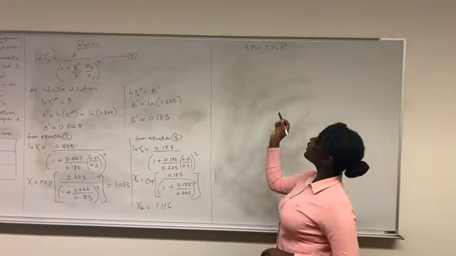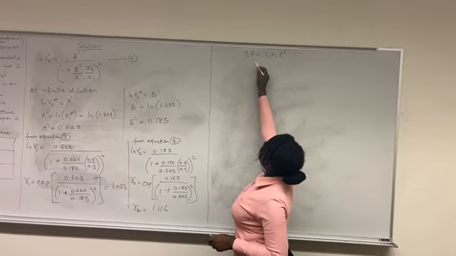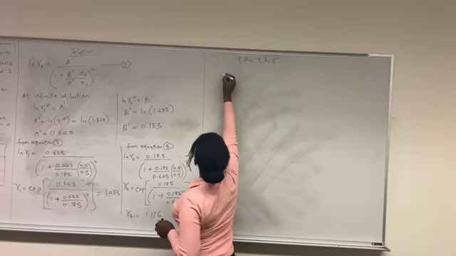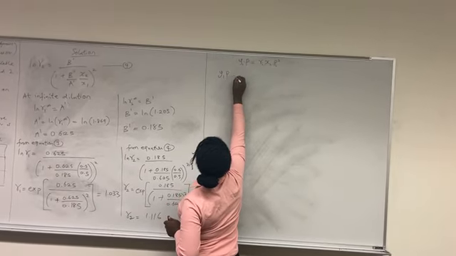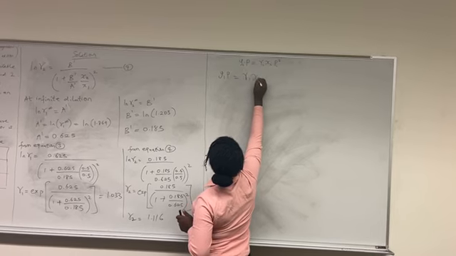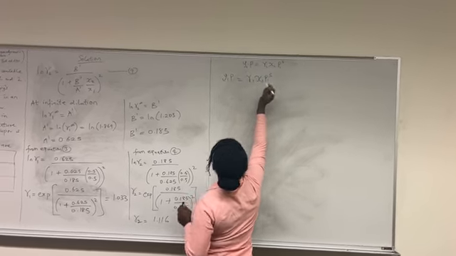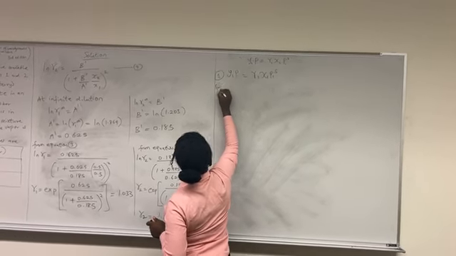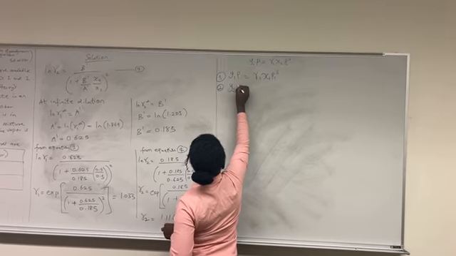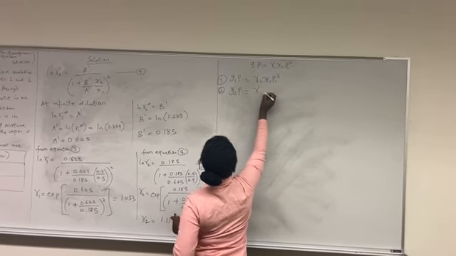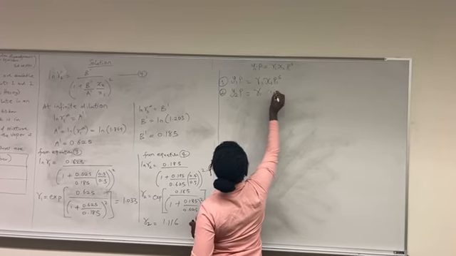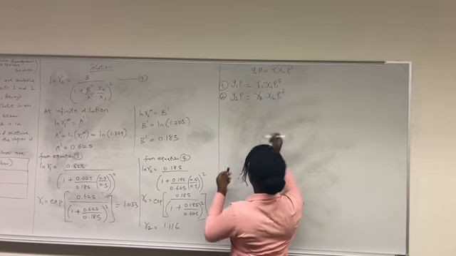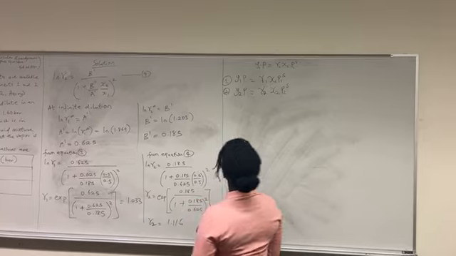Okay, so from our equation 1, we know that YIP is equal to gamma IXI PIS. So for component 1, it's going to be Y1P equal to gamma 1 X1 P1 saturated. And for component 2, it is going to be Y2P equal to gamma 2 X2 P2 saturated.